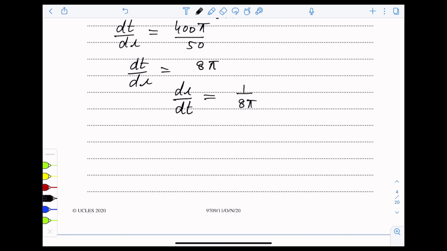Now we will use a calculator to put the value of pi. This will become 0.0398, correct to 3 significant figures. This is the value of the rate of increase of radius. This is the answer.